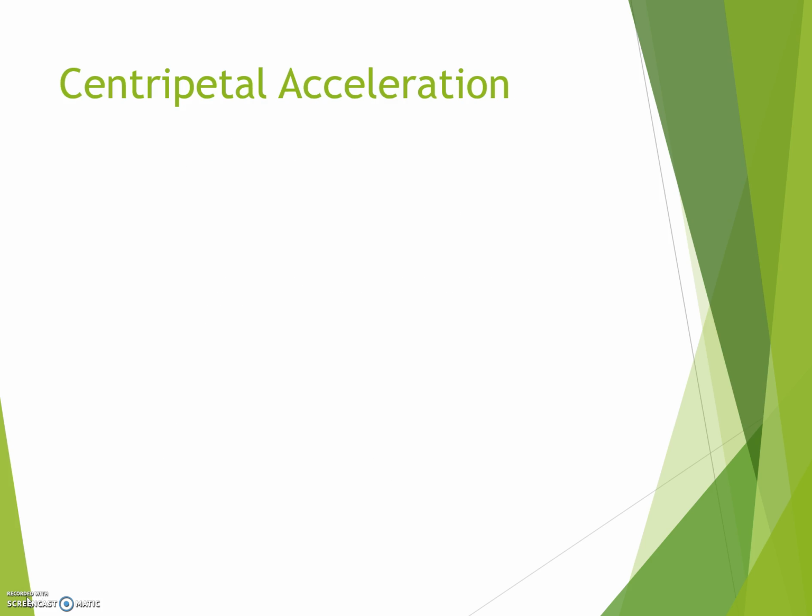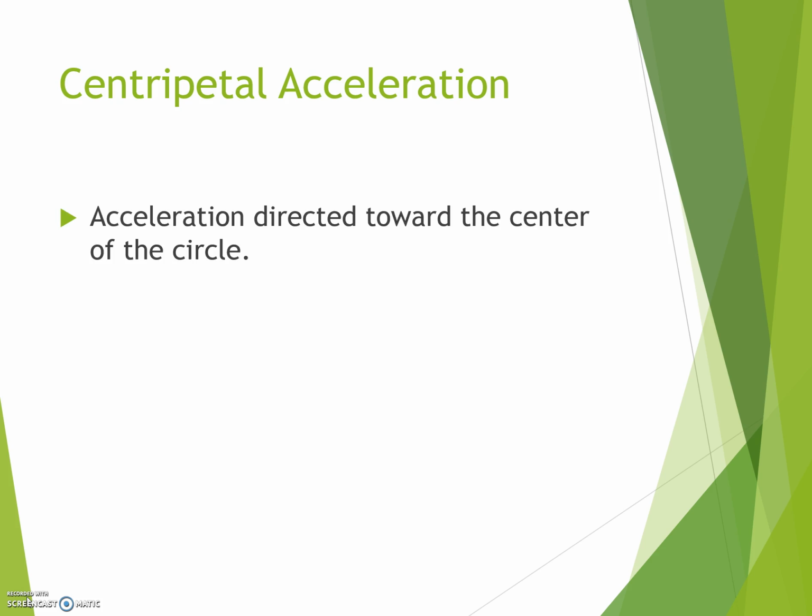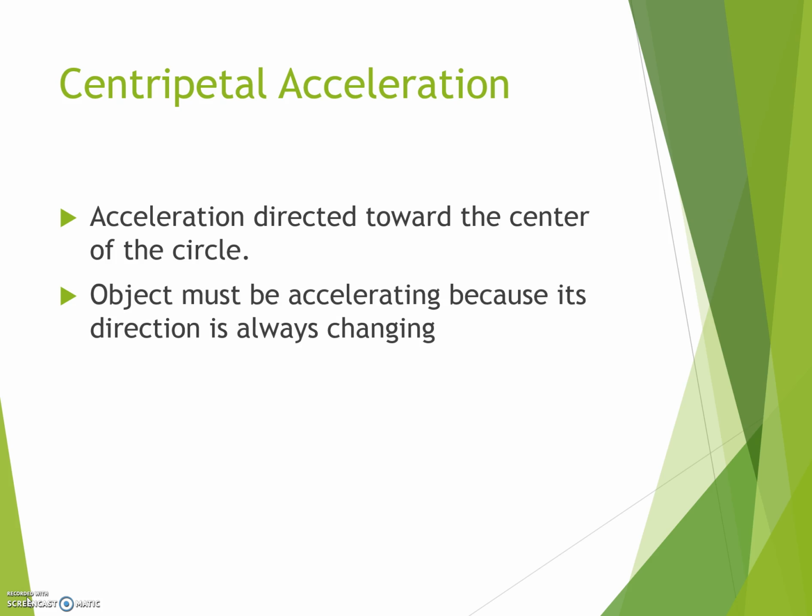Now let's talk about the force that keeps an object moving in a circular motion. And to do that, we need to talk about centripetal acceleration. And this is an acceleration directed towards the center of a circle. The object must be accelerating when moving in a circle because its direction is always changing.